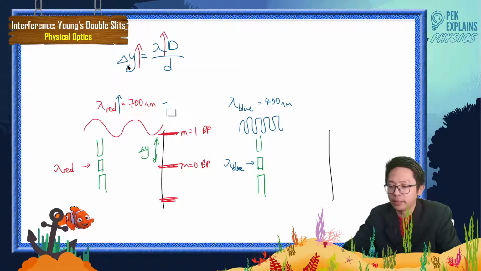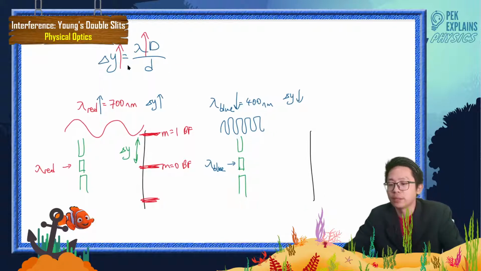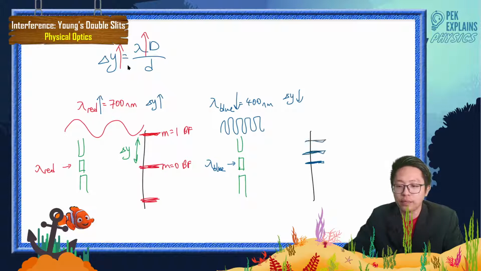But now your lambda is small, so your delta y is also small. Understand? That means you can see the fringes for lambda blue are nearer to each other, like that. You can see more fringes on the screen.